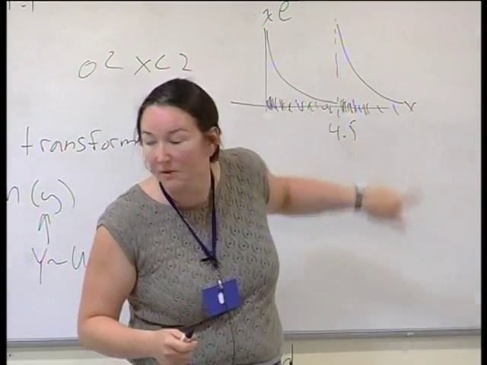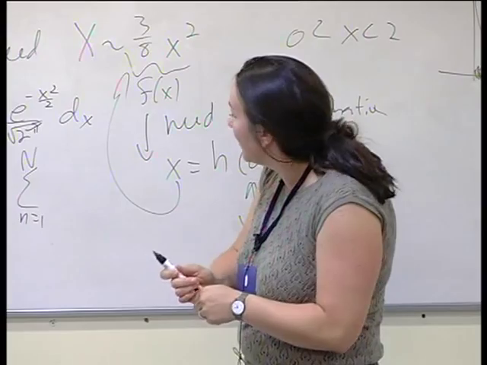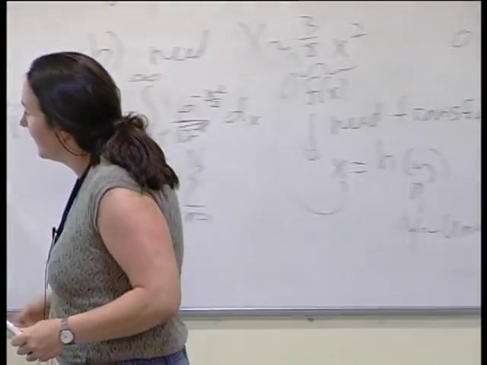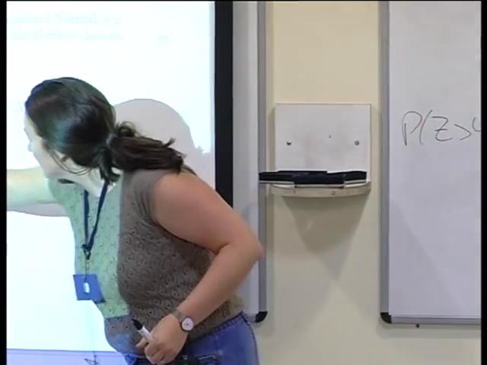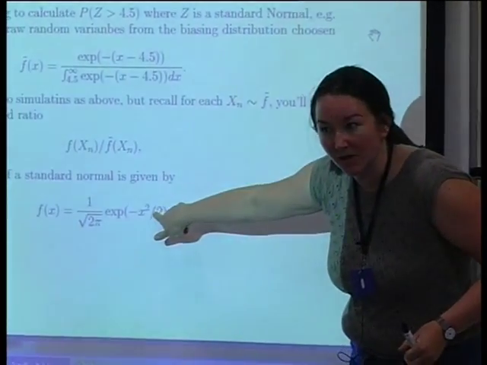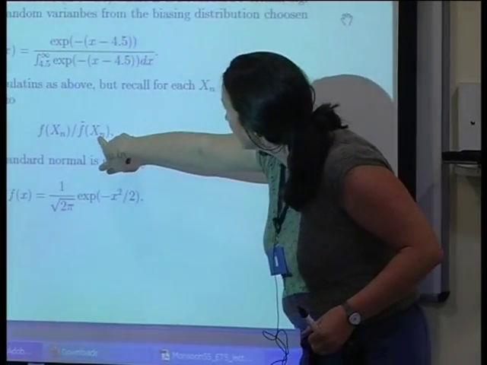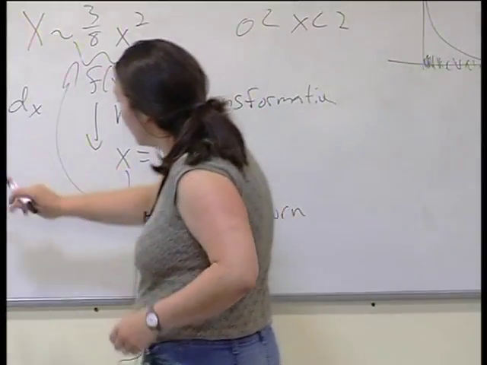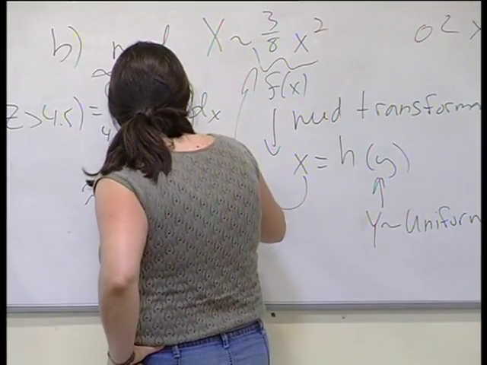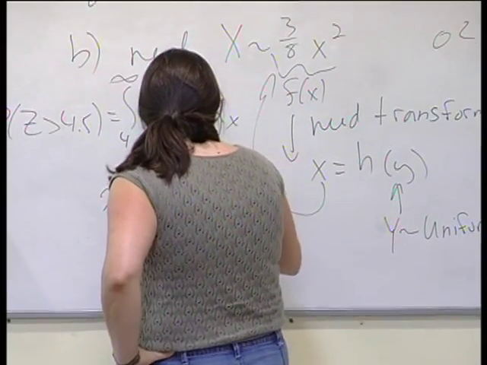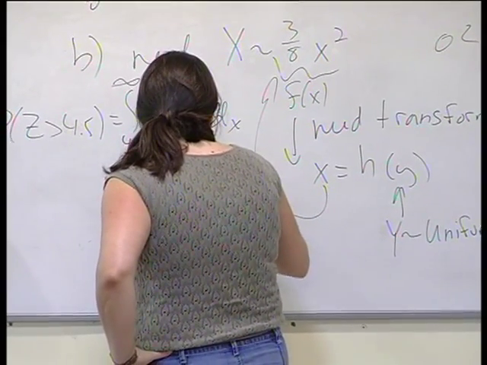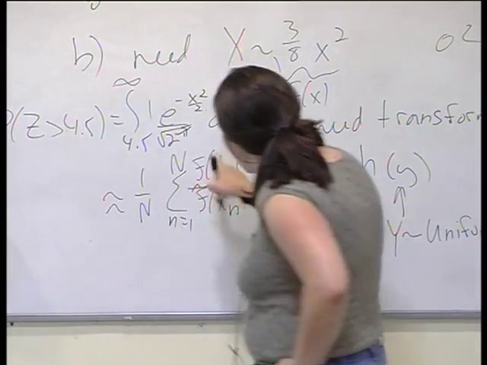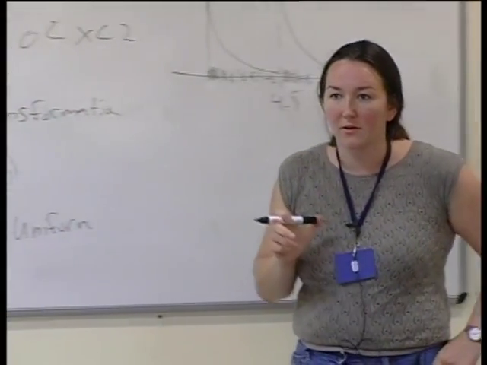Then I need to plug that number into the Gaussian distribution on the top, so 4.9 will go in there, and then into this exponential distribution on the bottom. That's the factor that we're adding up for each of these samples to do the Monte Carlo.